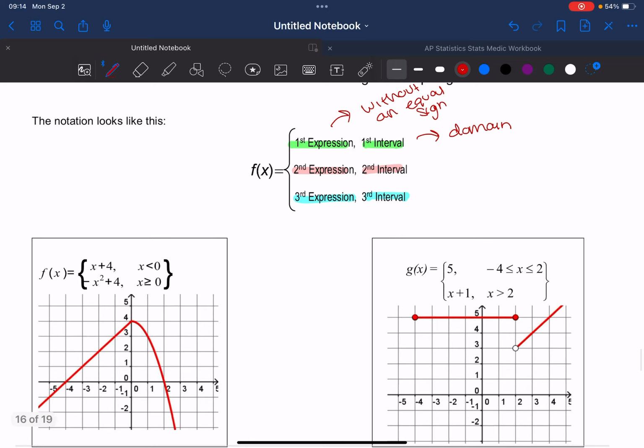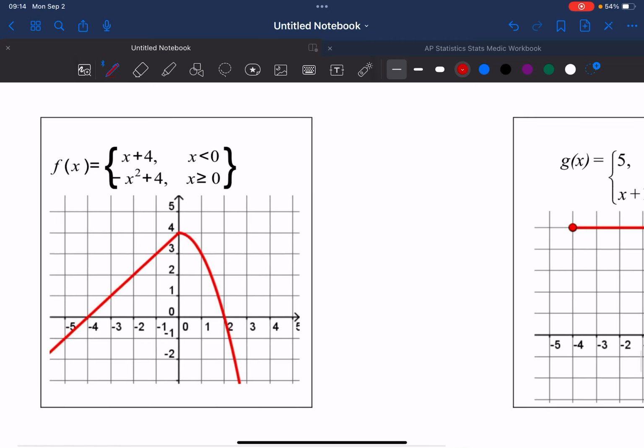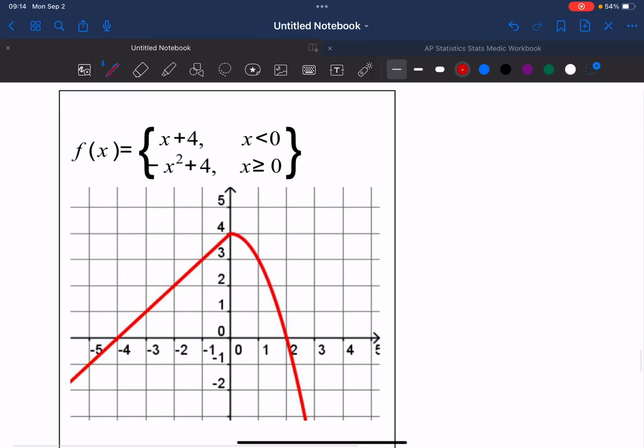So if we're looking at these examples here, starting at the first one, in this piecewise function, we have two expressions. We have x plus 4 on the restriction x is less than 0, and we have negative x squared plus 4 where x is greater than or equal to 0. So we have two expressions here.